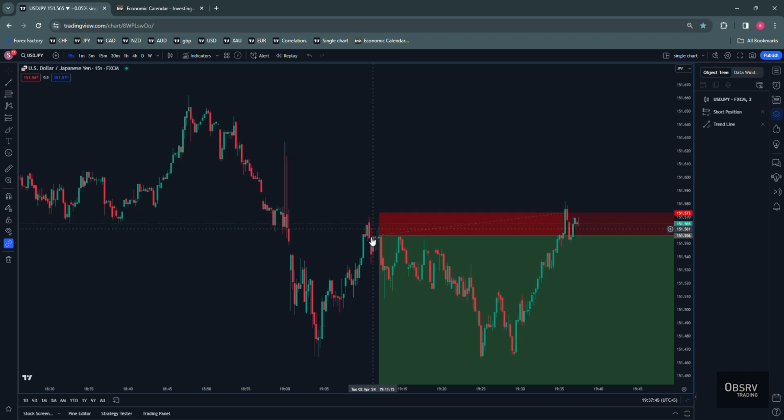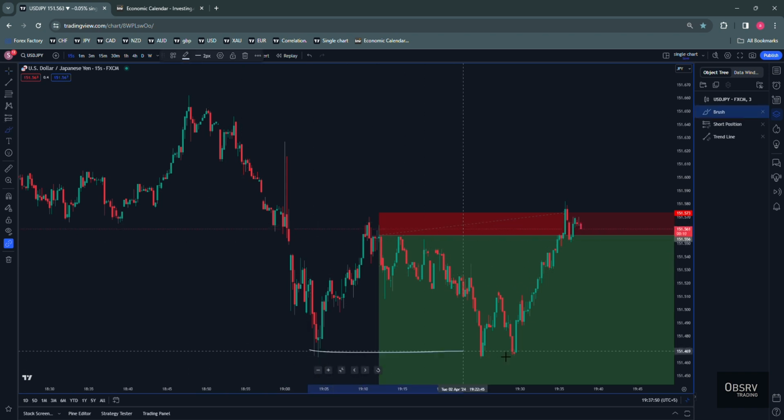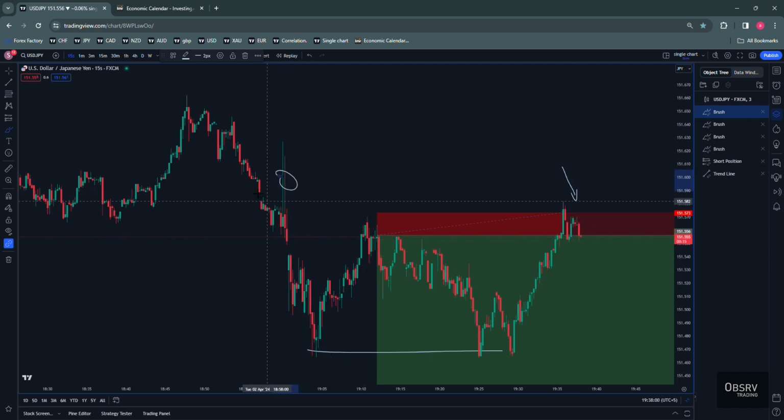What I want to show you guys is the similarities between the price action. Although this did not go as far, it has come back. Has the potential to go right now. I'm not going to trade it because yen is also weak, but take a look at the price action here. News comes out here, goes all the way down to there, and then it starts to pull back. At any point in time, this is where people basically turn to the wrong side.